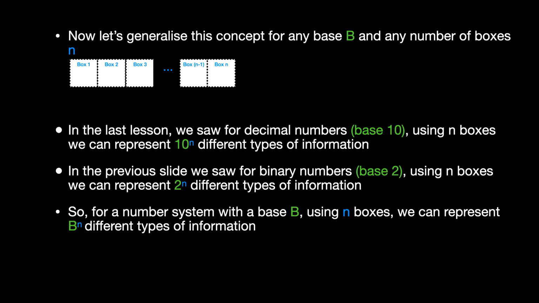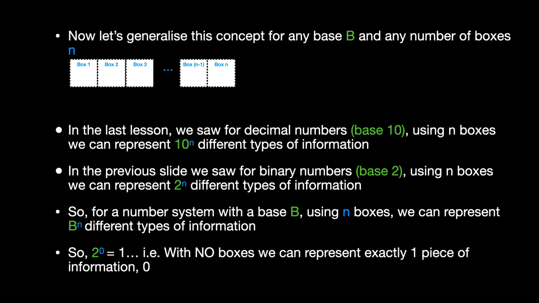So, for a number system with a base b, using n boxes, we can represent b to the power n different types of information. So, 2 to the power 0 is 1. That is, with no boxes, we can represent exactly one piece of information, which is 0.